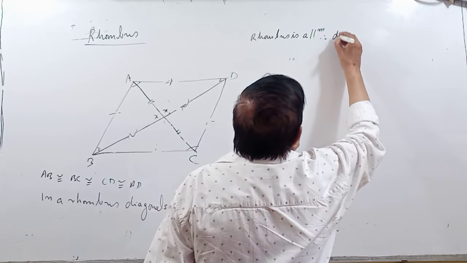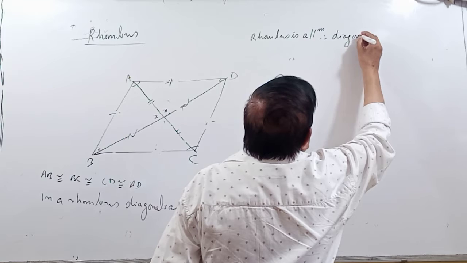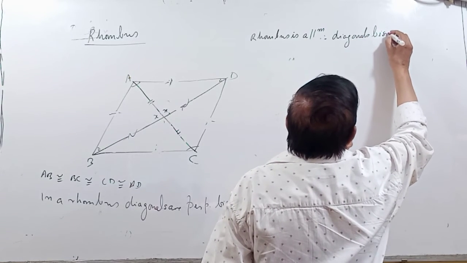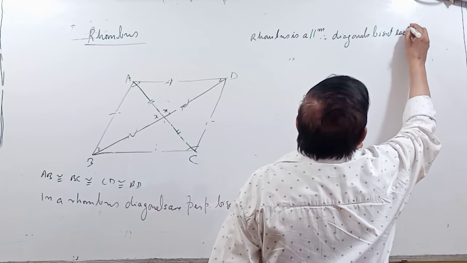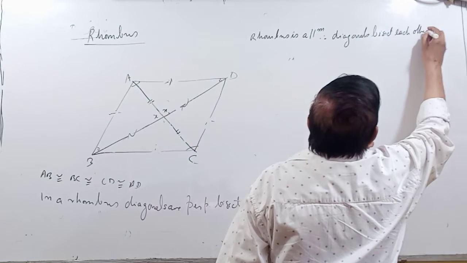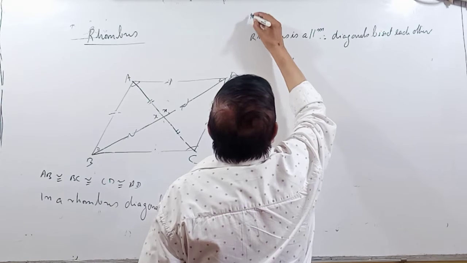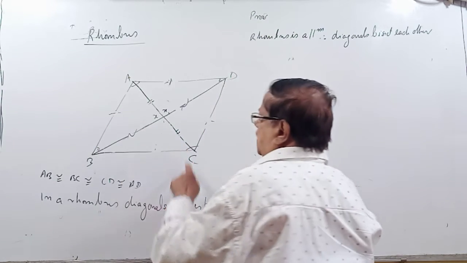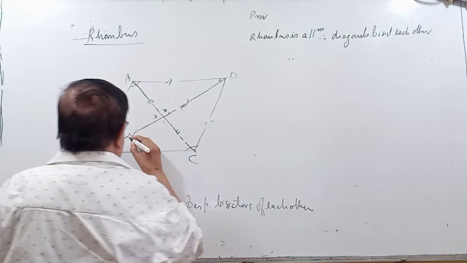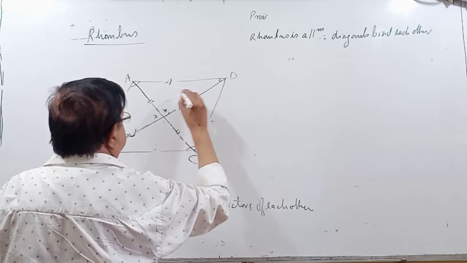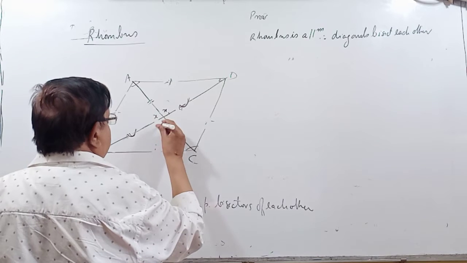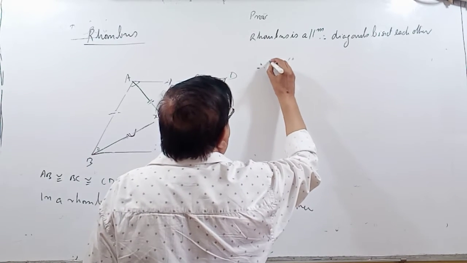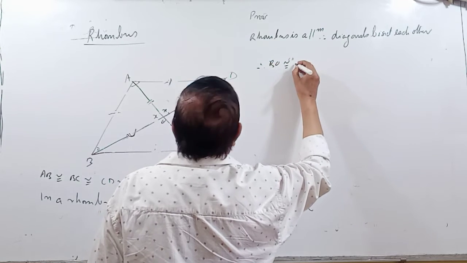Therefore, diagonals bisect each other. Proof. A rhombus is a parallelogram, therefore diagonals bisect each other. Therefore, AO equals CO and BO equals DO.